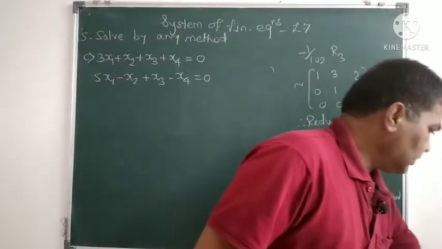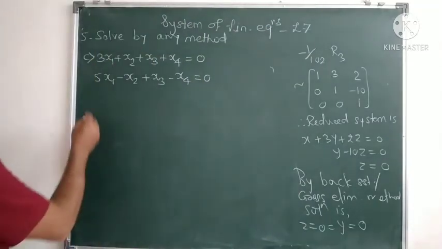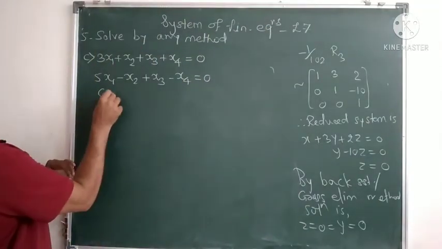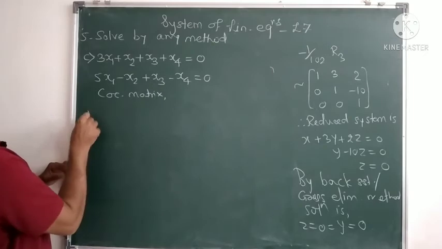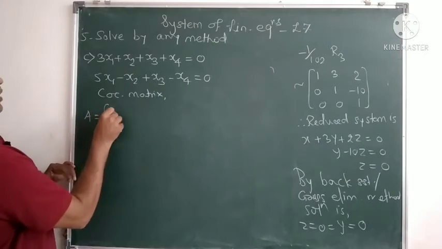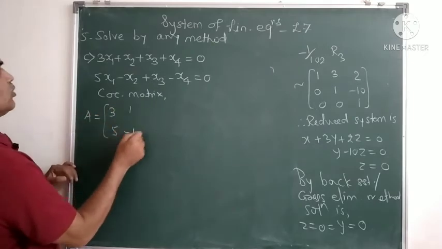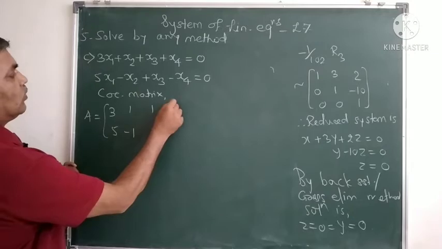Now for this, the coefficient matrix A equals 3, 5, 1, minus 1, 1, 1, 1, minus 1.